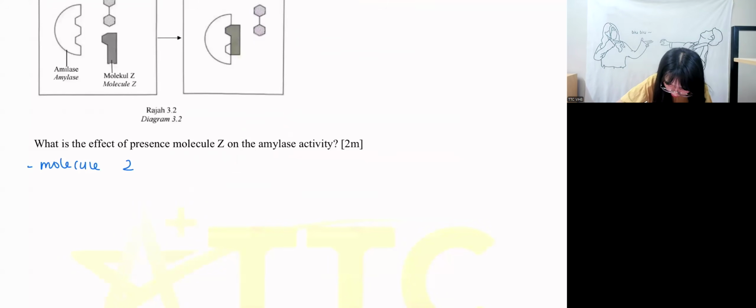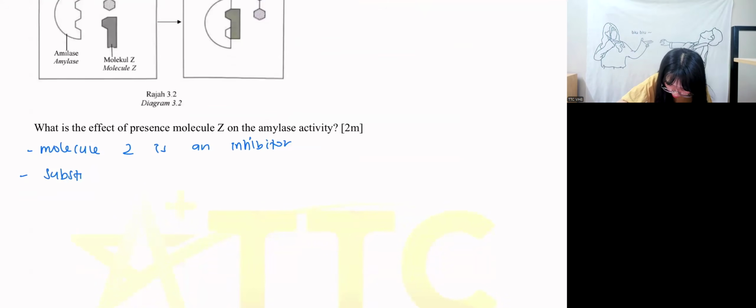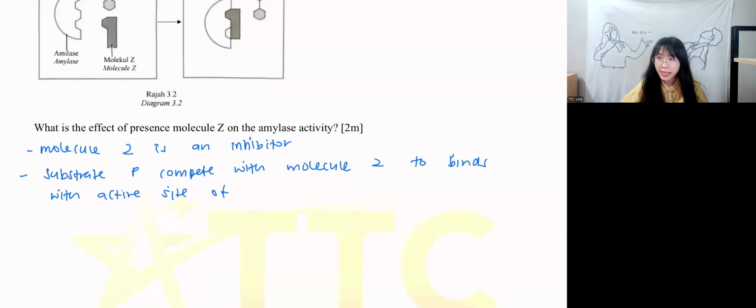So we have to say molecule Z is an inhibitor. And then you're going to say substrate P competes with molecule Z to bind with the active site of the enzyme.